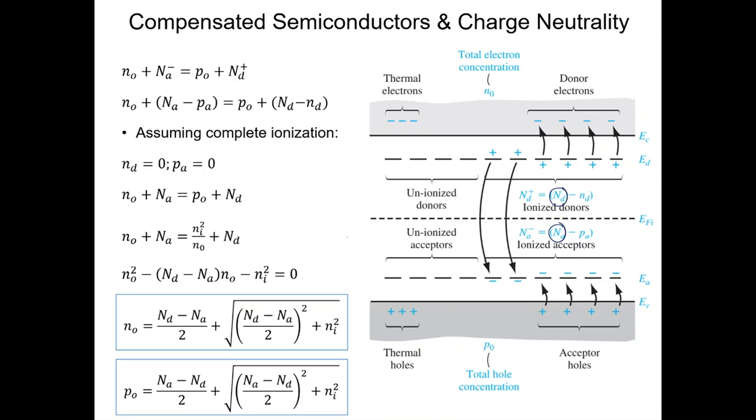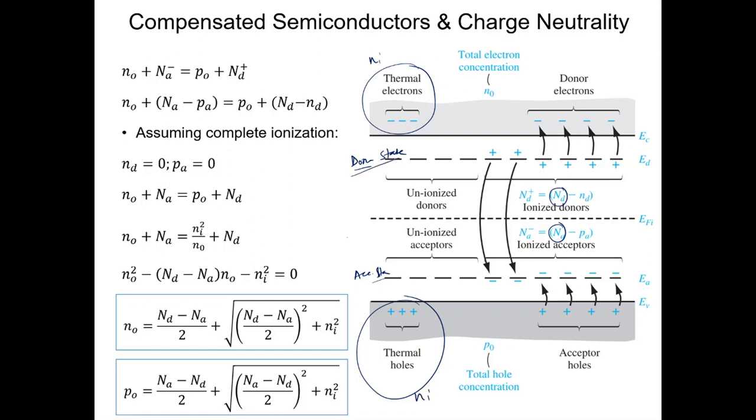What you see here are both the donor states, this is the donor state, and this is the acceptor state. Of course, as you saw earlier, we have some thermal electrons and some thermal holes. This was responsible for the intrinsic concentration that we discussed earlier.